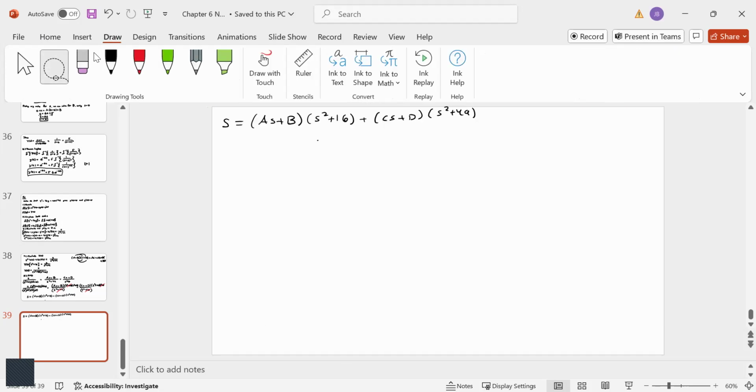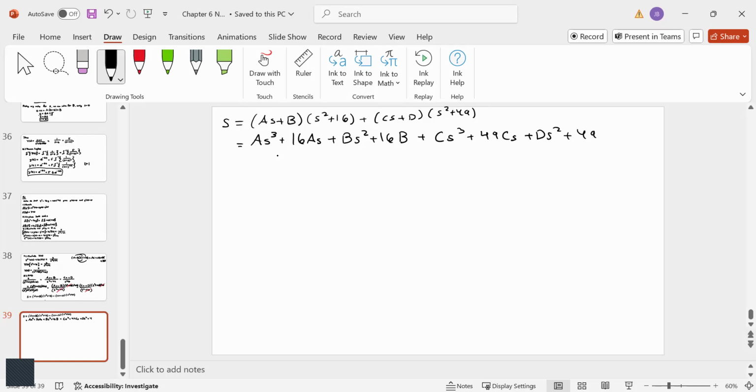Okay, so foiling it out, we're going to get as squared. Nope, cubed. I'm already doing it wrong. Plus as times 16, so 16as. Doesn't matter the order, just trying to make it look nice. Plus bs squared plus 16b. That's the first one. Plus cs cubed plus 49cs plus ds squared plus 49 times d. Just FOIL it all out.